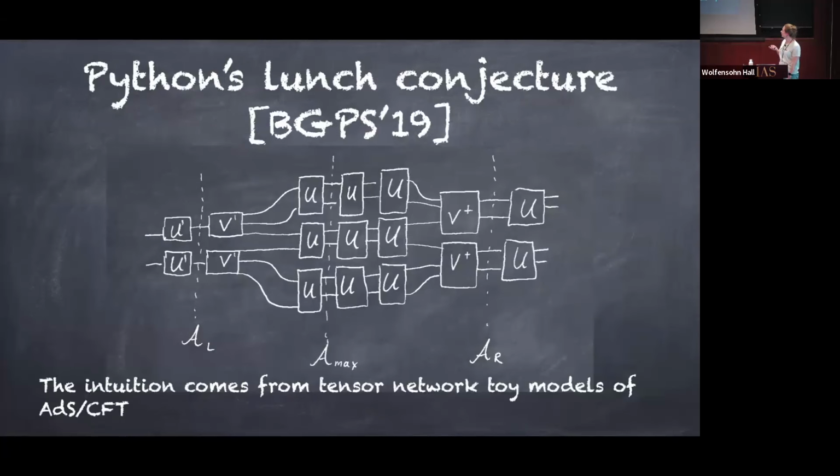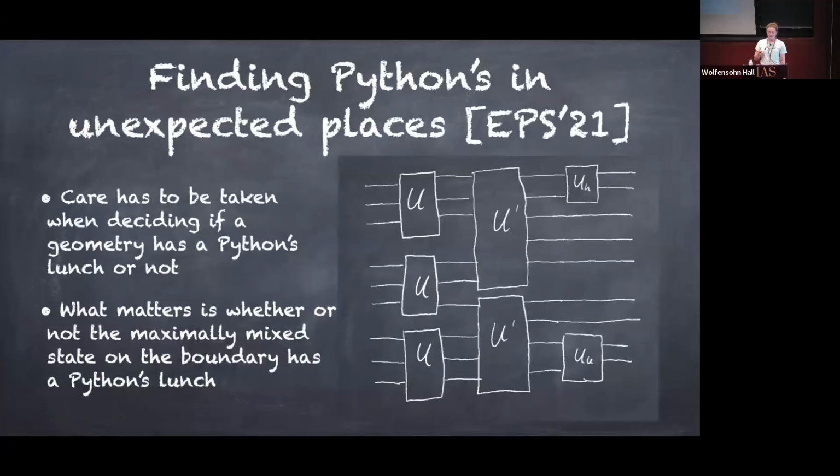I'm also going to make the point that telling whether or not there's a Python's lunch in your geometry isn't necessarily completely straightforward. What we have here is a unitary circuit that contains some randomness. You should consider in this image that the U and U prime here are fixed unitaries. You know exactly what they are.